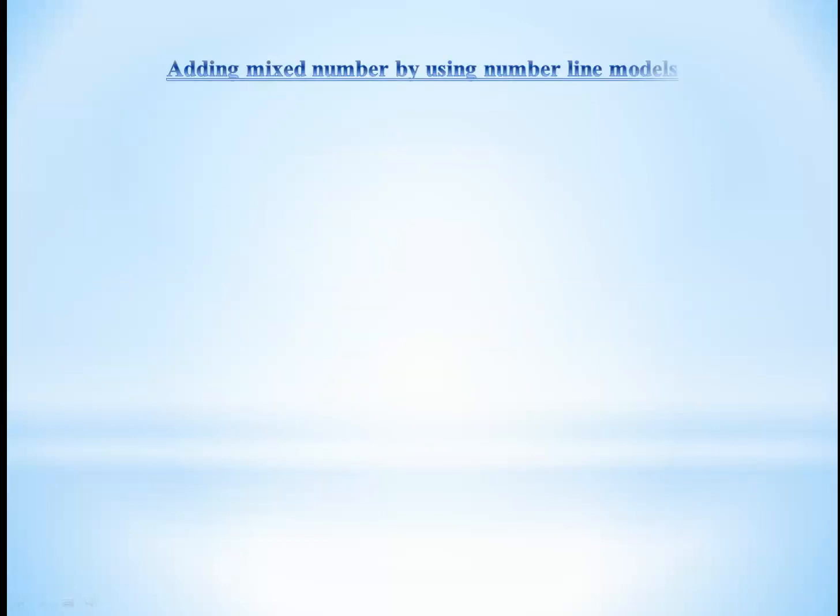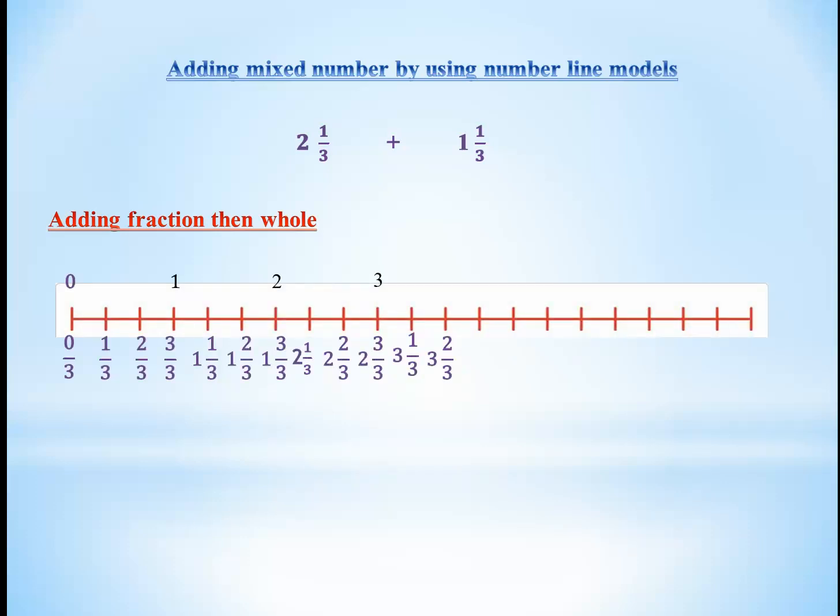Okay, let's see how to add two mixed numbers another way, adding the fraction then the whole. Let's draw the number line like before, and we will start at 2 and 1/3, and we will add the fraction first. The fraction here is 1/3, so we are going to move one step.